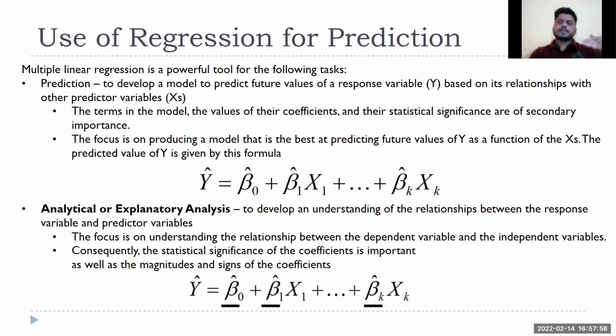So the model, the equation remains the same, but what is our aim? For prediction, I will not care about what is beta 0, beta 1, beta k; that model will take care. What I'll be interested in is whether I'm able to predict y with a lot of accuracy. My R-square value is great and I am able to predict that well enough.